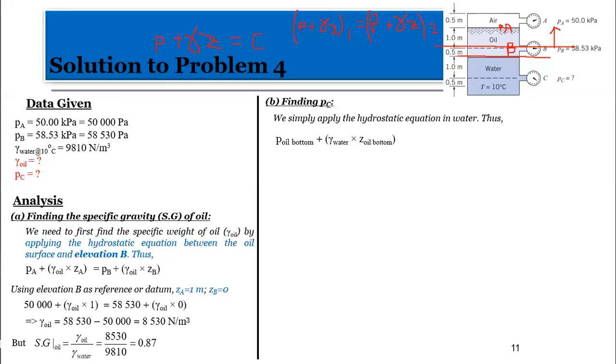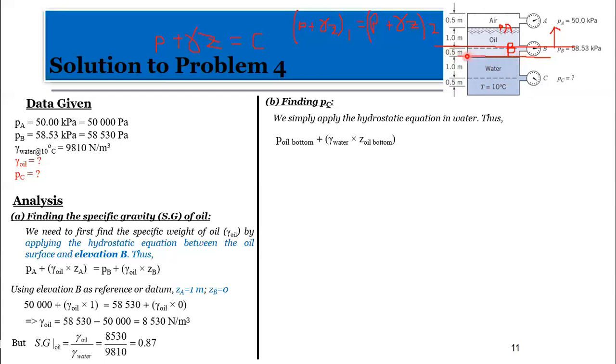Not at BO, at this point here. Sorry, let me use a laser. At this point here, please, not here. So we are looking at the pressure at the oil bottom here, plus gamma of water times Z of oil bottom.